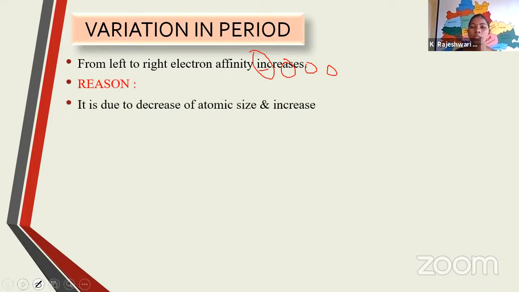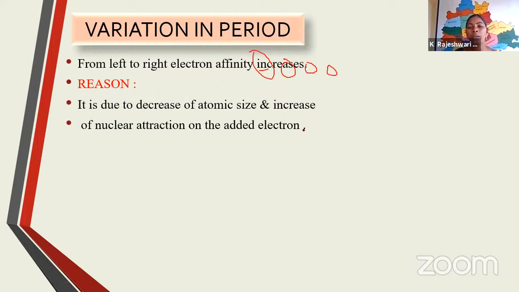So due to the decrease in atomic size and increase of nuclear attraction on the added electron, because here the last atom is very close to the nucleus. Because of the high nuclear attraction, the electron will be easily attracted and the amount of energy released will be more.